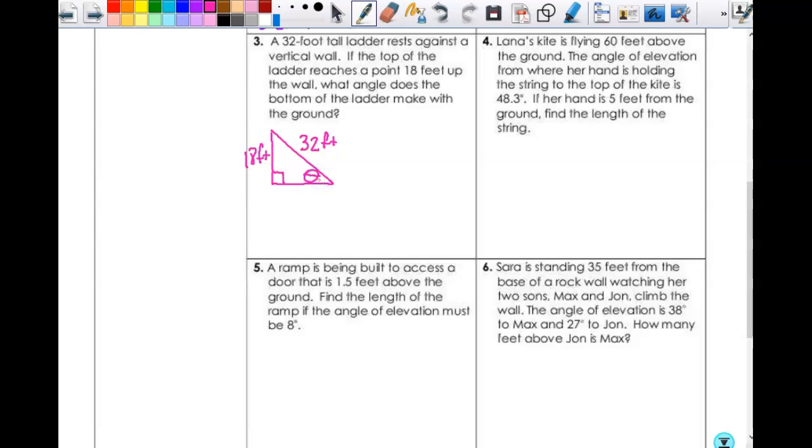Do y'all agree with my picture? Ladder problems, sometimes I'll do weird things. The ladder is leaning, so that's your hypotenuse. How high up the wall, and then angle at the base. So this would be which trig ratio? Sine. This is going to be the sine of theta equals 18 over 32. So theta equals the sine inverse of 18 over 32.